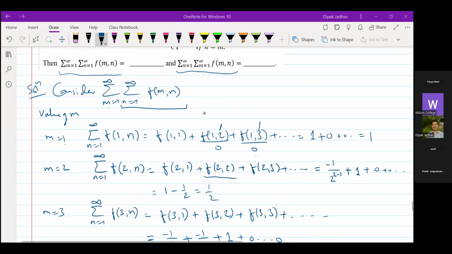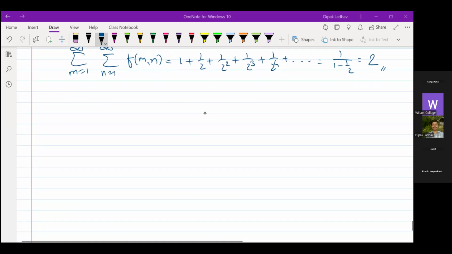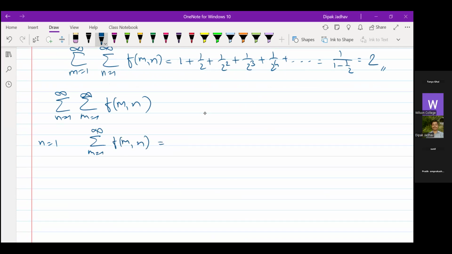Let me do it for summation n from 1 to infinity, summation m from 1 to infinity, f of m comma n. Let's fix the value of n equal to 1. Let's see, m from 1 to infinity, f of, what do you feel? Are you going to get the same answer or a different answer? What does your intuition say?